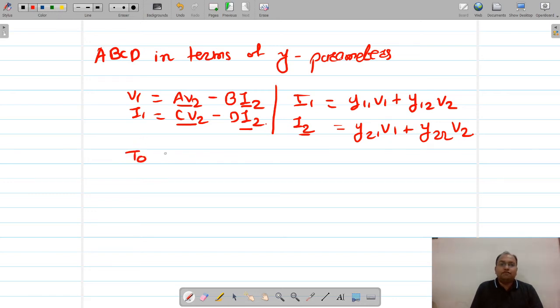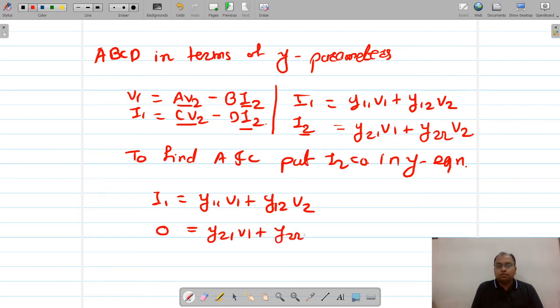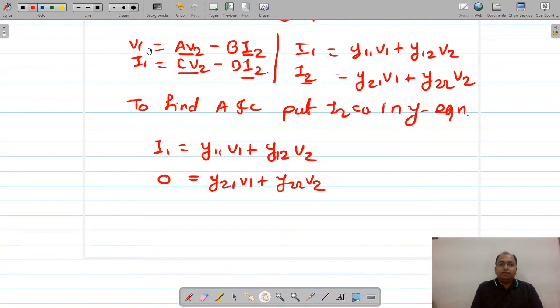So to find A and C, put I2 equal to 0 in the Y parameter equation. Okay, so let us represent that after putting I2 equal to 0. Now what we need to take is the ratio.